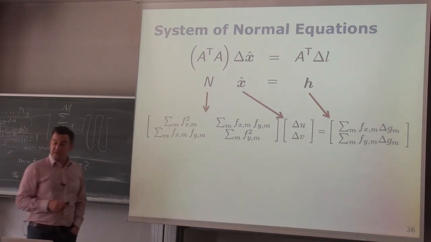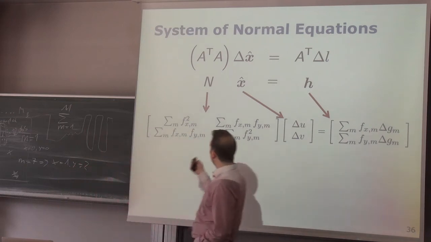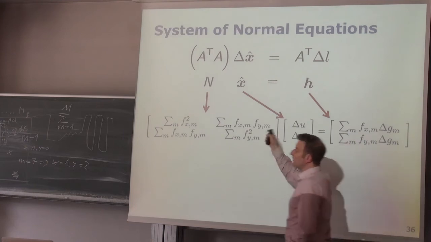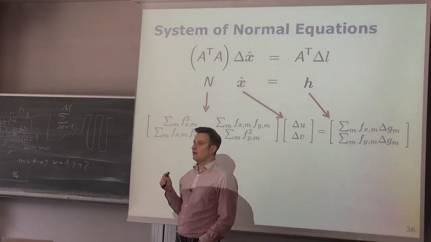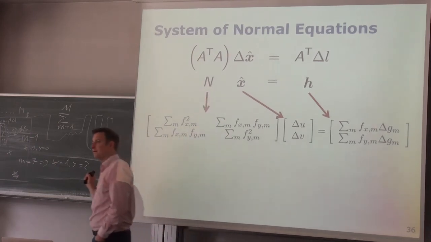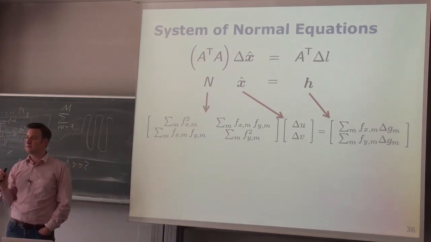Okay, the uncertainty in the shift. The uncertainty I have about the estimate of my shift after I converged is a constant multiplied by the inverse of our matrix N. Right?